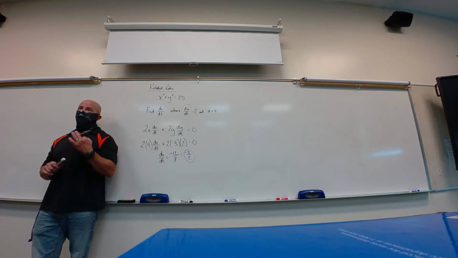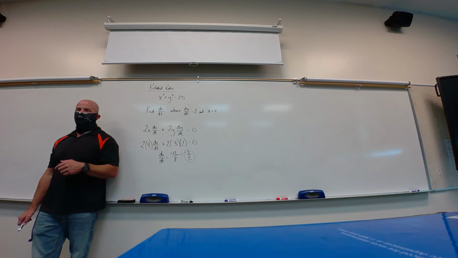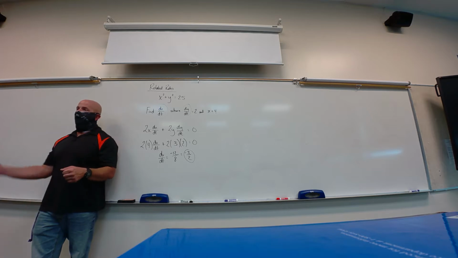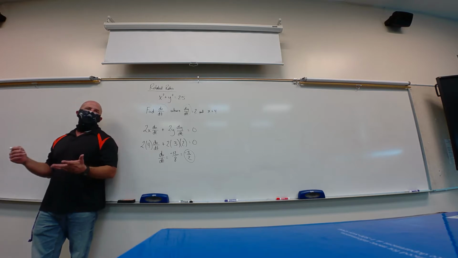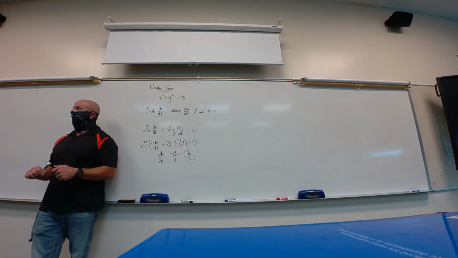Pull the plug, you've got a fourth rate leaving. And if the rate leaving is not as fast or faster than the rate coming in, it overflows, right? You have more coming in than you have going out. That's a related rate. In other words, when one rate's happening, everything else is affected by it.